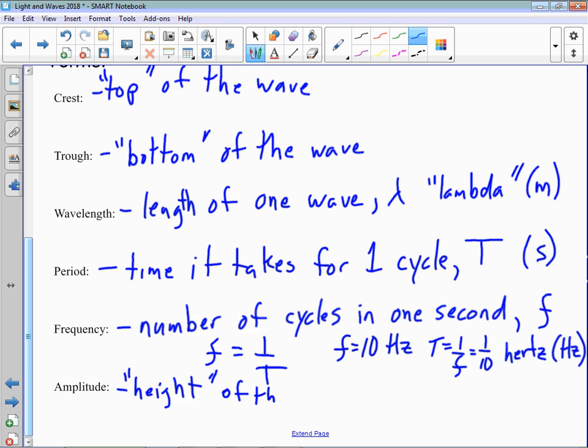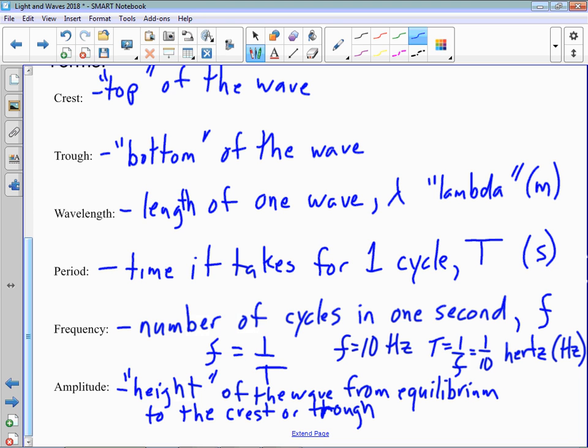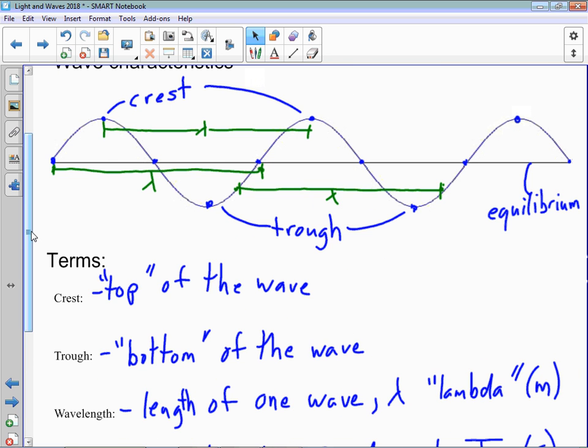So it's the height of the wave from the equilibrium point, so not from the crest or from the trough, to either the crest or the trough. T-R-O-U-G-H, trough.